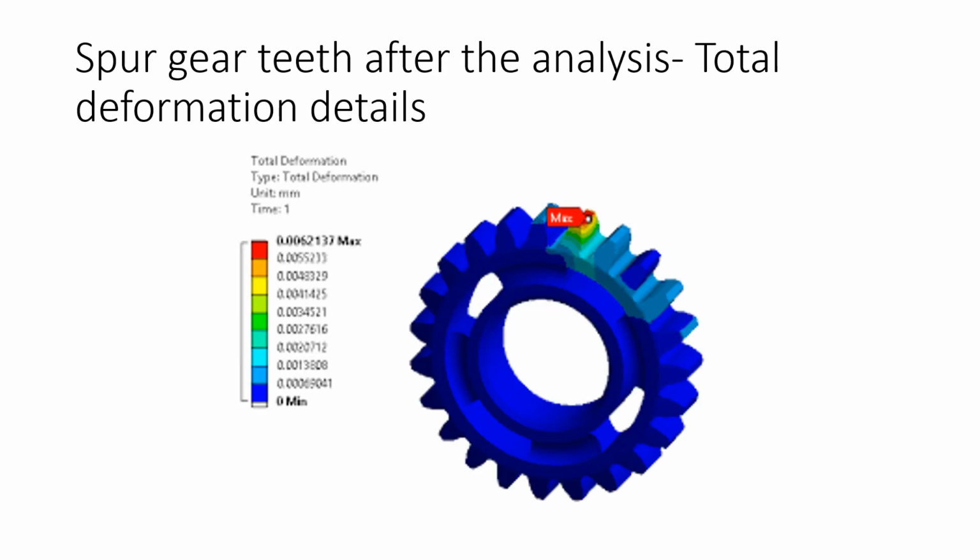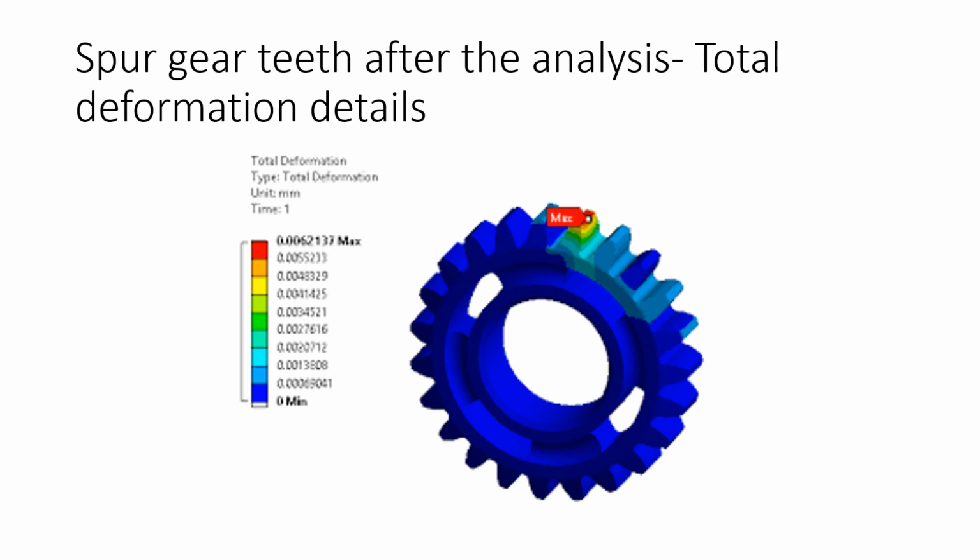This figure shows the spur gear teeth after the finite element analysis. Here the total deformation details are shown. We can see the spur gear teeth with different colors. Each color represents the total deformation magnitude.